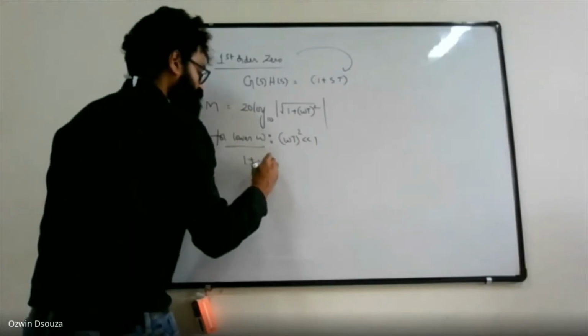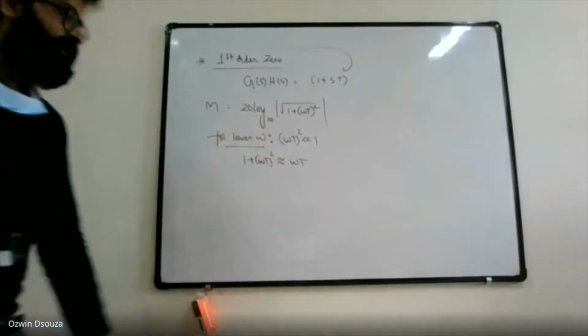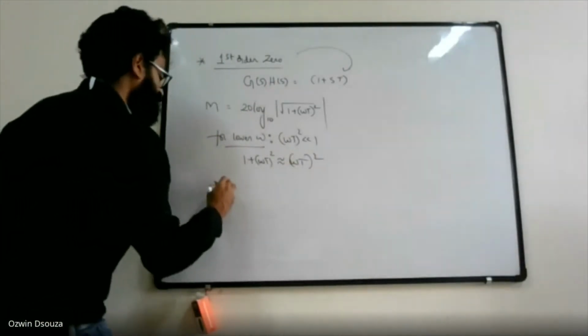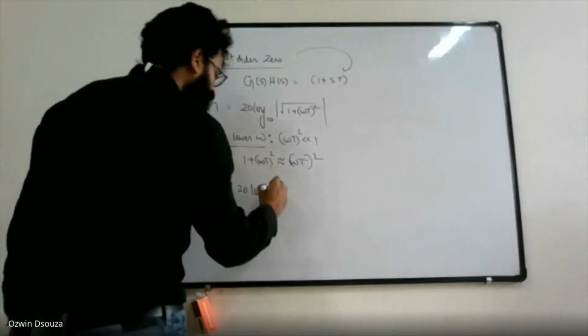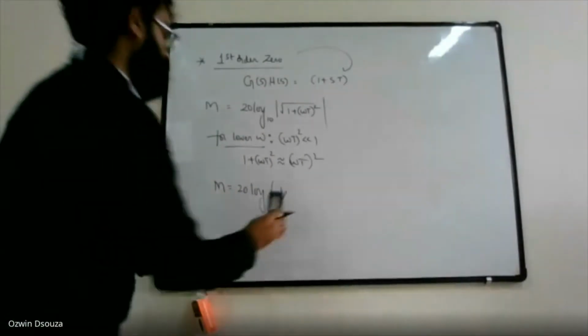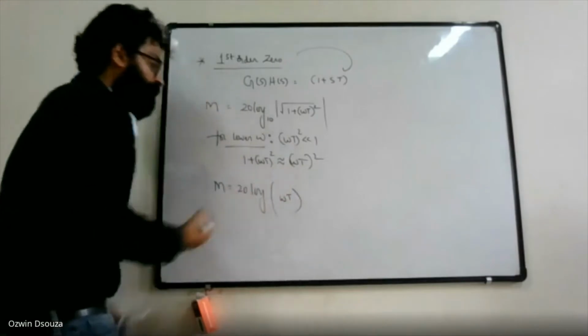Hence, 1 plus omega t the whole square can be approximately written as omega t the whole square. So therefore, the magnitude becomes 20 log omega t, because the factor is in the numerator.